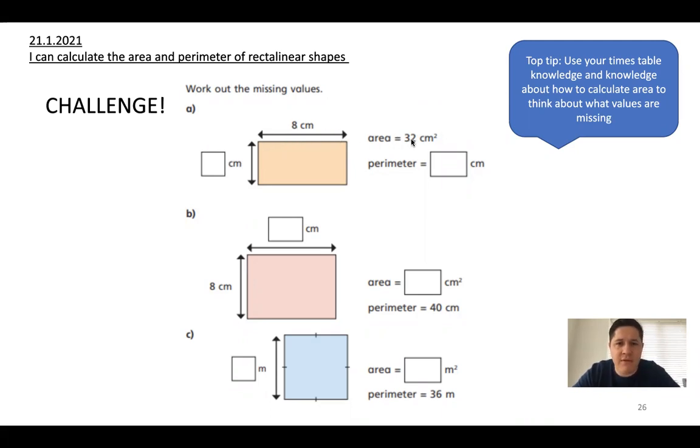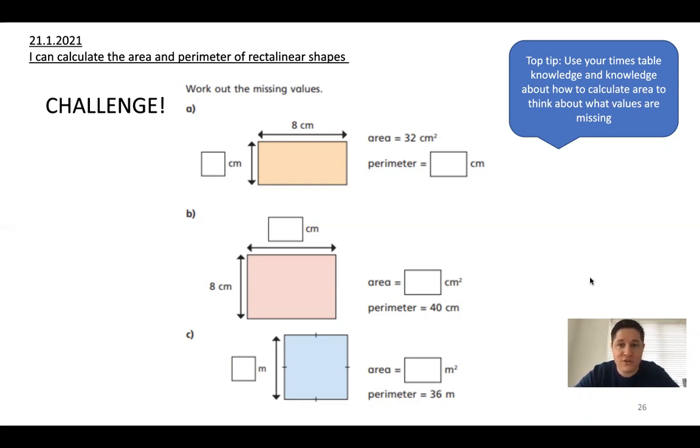Now, if the area is 32 centimeters squared, something times 8 is going to give me that area. So I can work that out. I'm not going to tell you though. And then I need to find the perimeter. Once I know what this missing side is, I then can work out my total perimeter too. So there's a few more like that there.